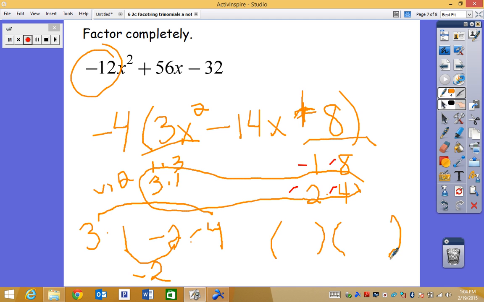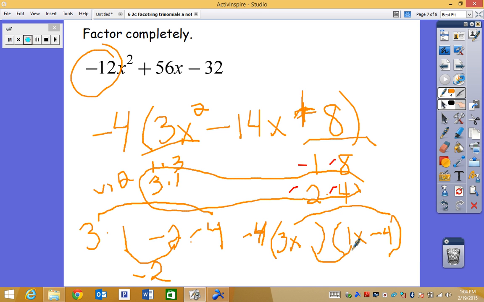So then my answer becomes, don't forget to put the negative 4 out front, and then the 3 and the 1 were my x's, so I have 3x and 1x. And then the outside numbers had to give me negative 12. So it was 3 and negative 4 gave me negative 12.